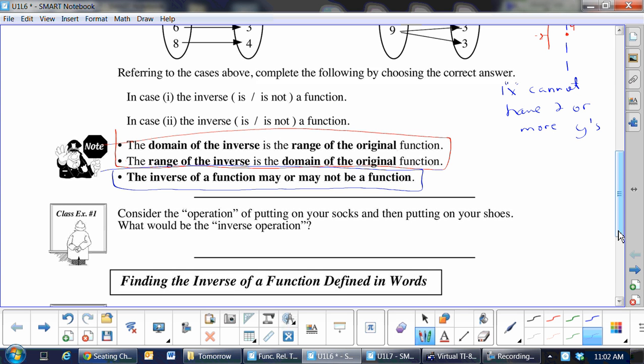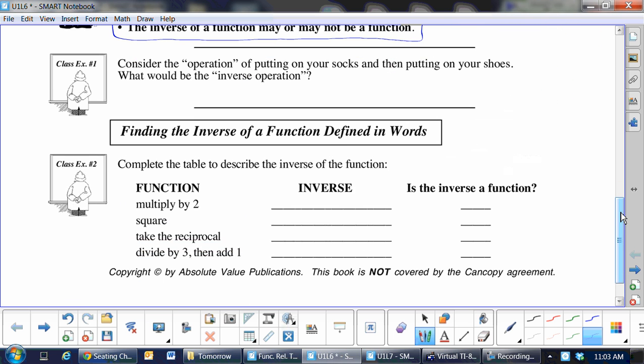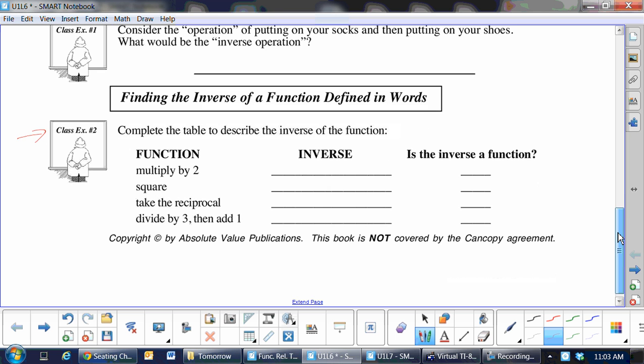Okay? Now, when we talk about inverses, let's do example 2 first. For example 1, I think example 2 is way harder. Okay, multiplied by 2. What would be the inverse? Divide by 2, right? What's square? Square root.